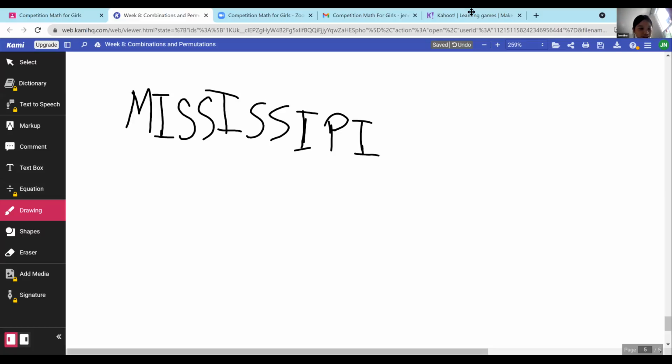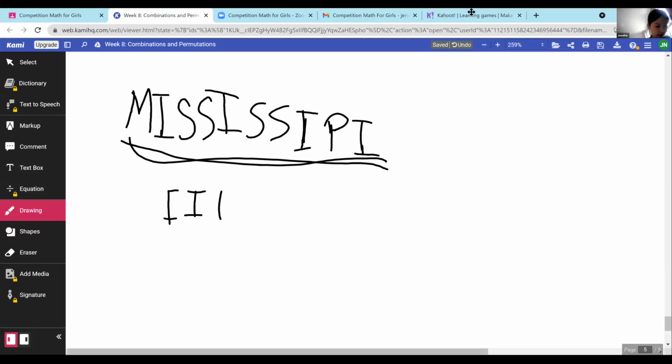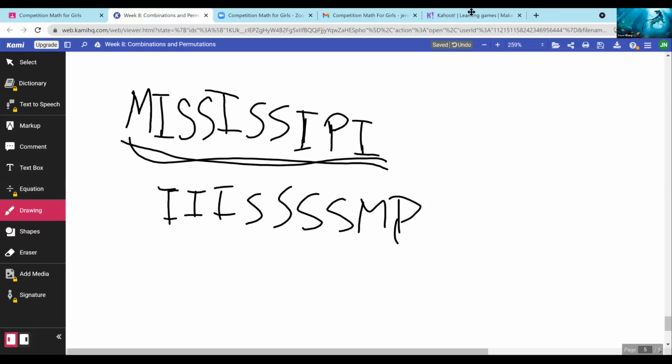How many ways are there to arrange this word, to rearrange the letters? Mississippi is also an arrangement, but another arrangement could be like I, S, S, S, S, and P. There are 4 I's and 4 S's. So do I have to divide it by 4 times 4 at the end?